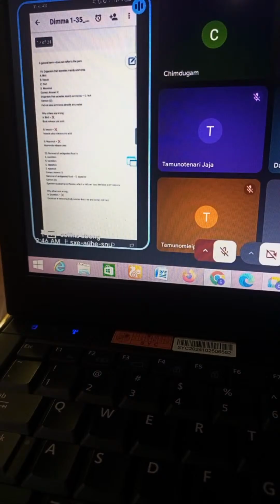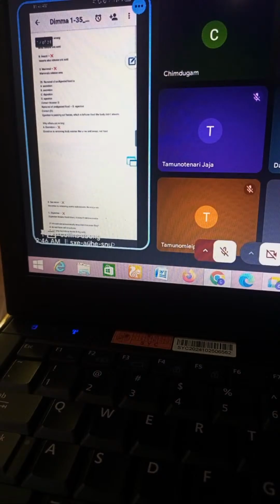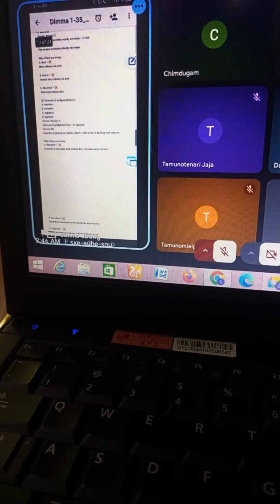Number 20. Removal of undigested food is, and the answer is digestion. As feces, which is leftover food the body didn't absorb.